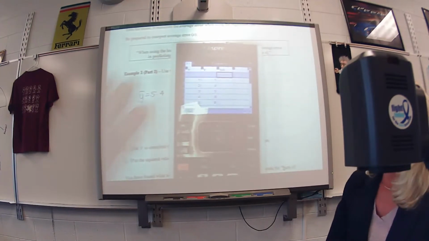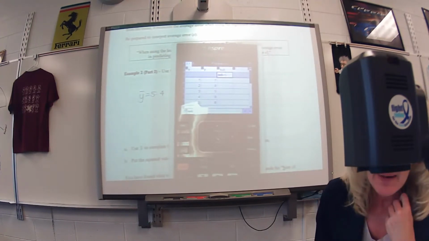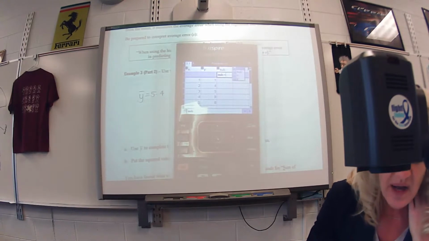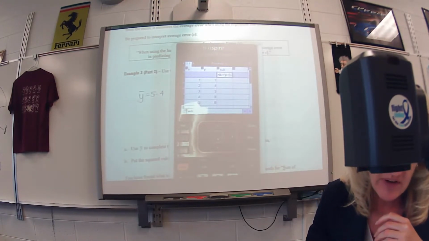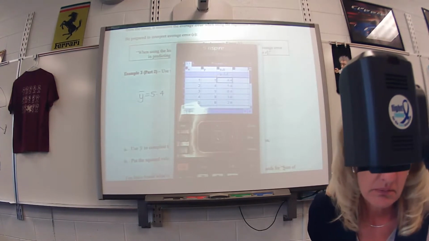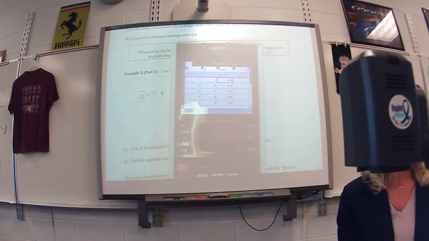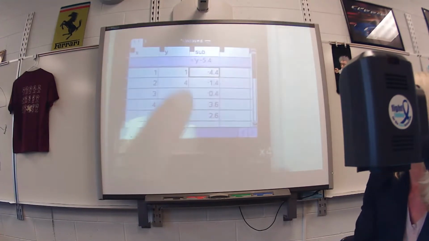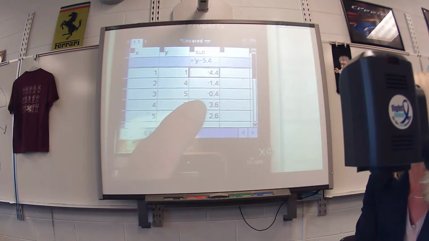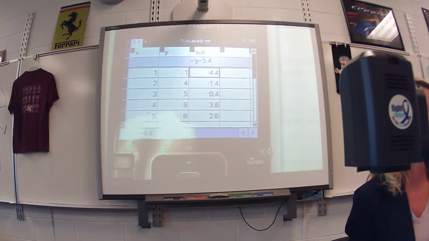Okay, so I'm going to set up a formula, and I'm going to say I want to take all the y values that I have, and I want to subtract 5.4. Okay, so I just got through saying which ones were below, below, below, above, above. Add up the aboves.